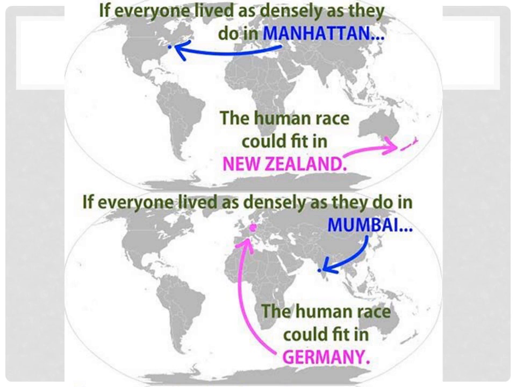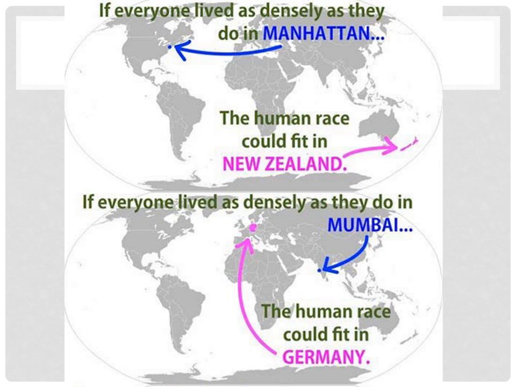To continue this trend, let's use some other examples. Population density in Manhattan in New York City is about 25,000 people per square kilometer. If everyone on Earth lived at 25,000 people per square kilometer, all 7 billion of us could fit into New Zealand. Mumbai is 20,000 per square kilometer.